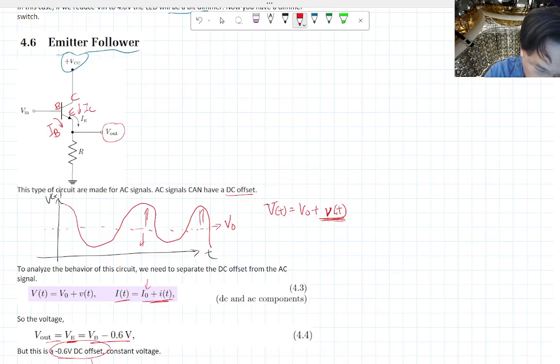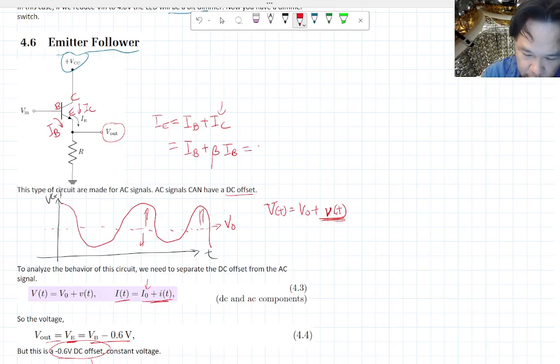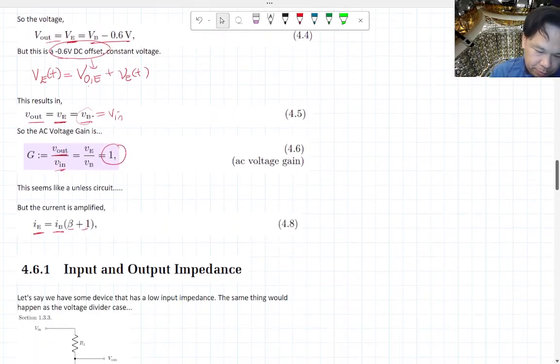The emitter gets both. So IC gets amplified by the transistor, I beta, plus IB. So therefore, it's actually 1 plus beta times IB. That's where that 1 plus beta comes from.